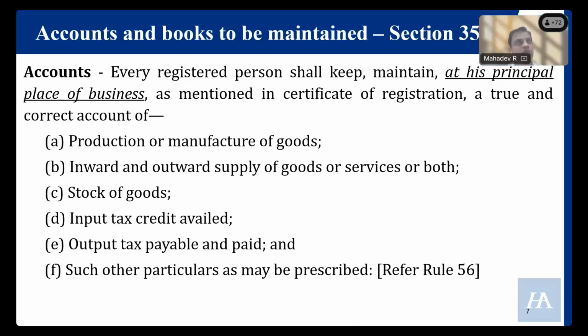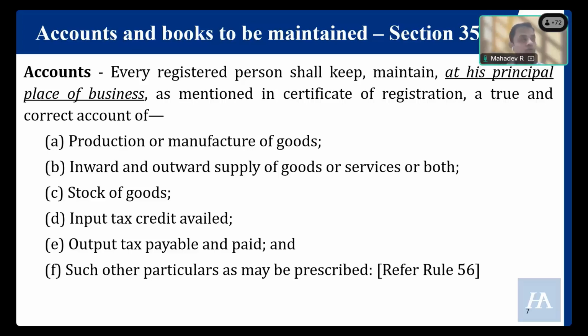If you have multiple locations within the state, say you have a factory in Bangalore, you have a godown in Mysore, you have two places, two addresses in your registration certificate. But principal place can be only one. So the requirement is that the records or the accounts need to be maintained at the principal place of business.